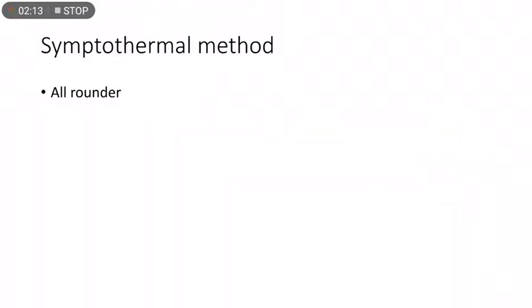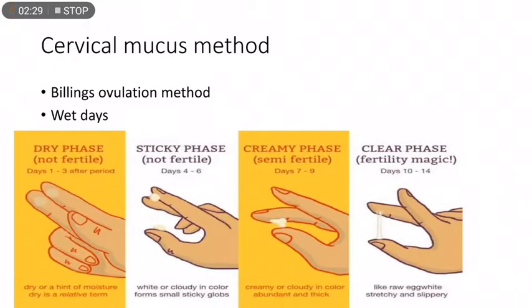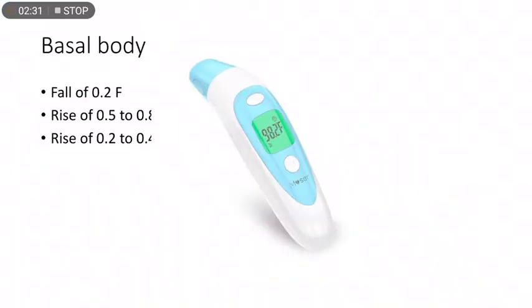Moving on to the symptothermal method. The symptothermal method is considered an all-rounder because it includes the data collected from both of the above methods, for instance the cervical mucus method and also the BBT, the basal body temperature method.